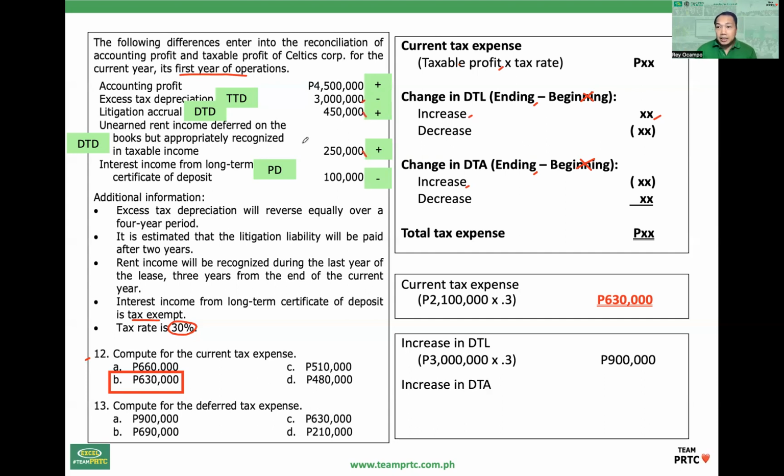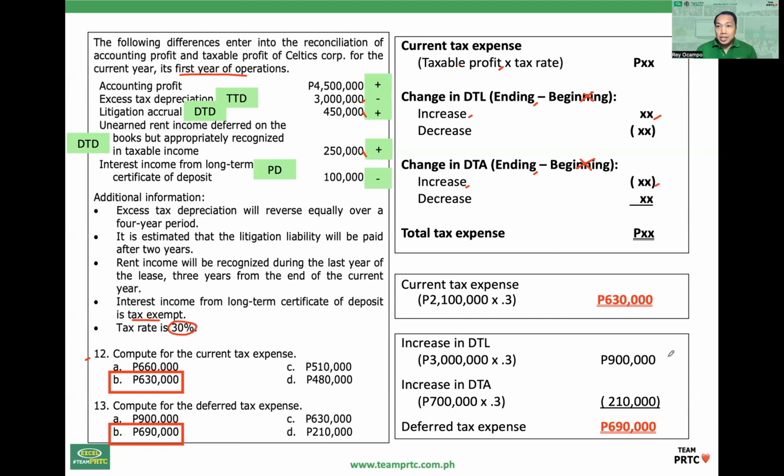Increase in DTA. So yung DTA ending, yun na rin yung increase. So 450 plus 250 total times tax rate. Increase in DTA, decrease in expense, deferred tax benefit. So expense, benefit, net expense. So number 13, bravo.